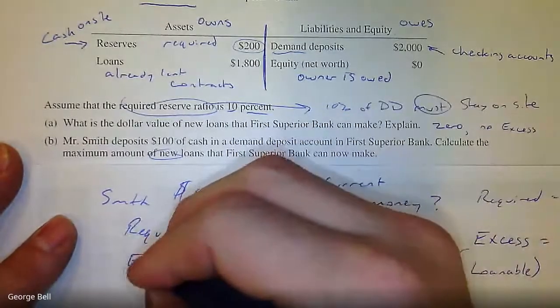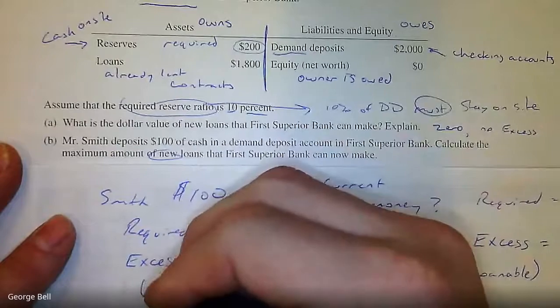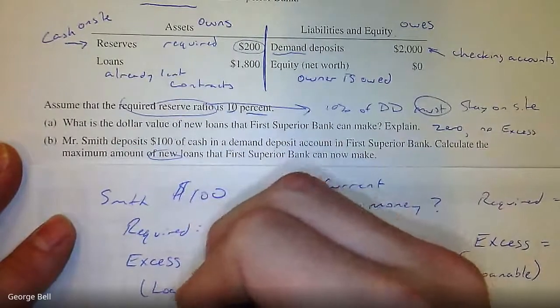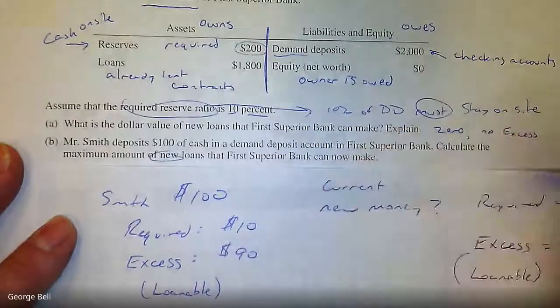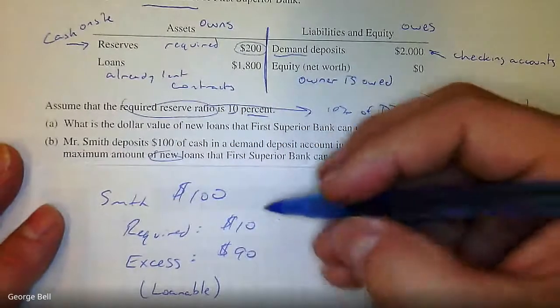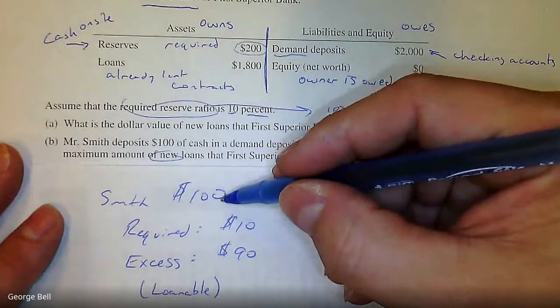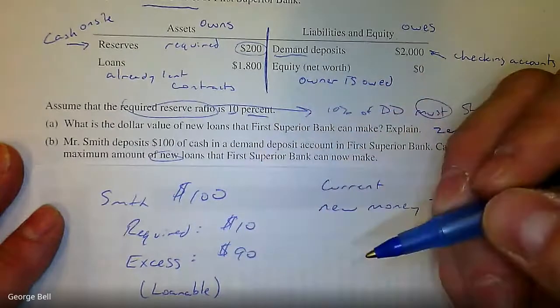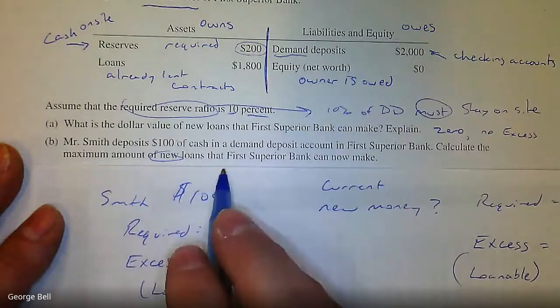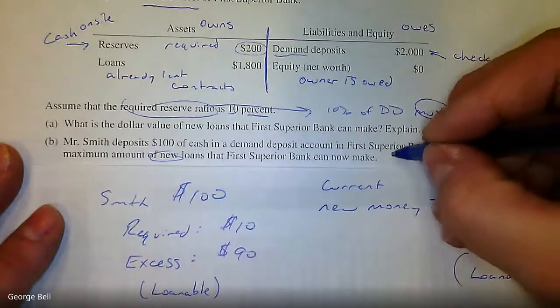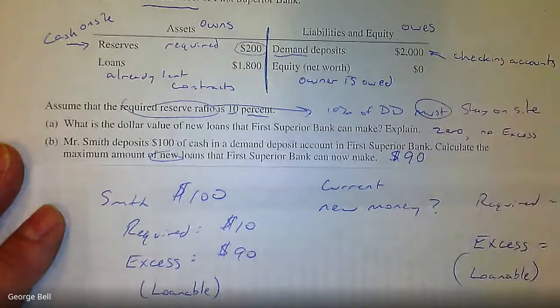That means then that the excess, which is the remainder or loanable amount out of the new money, is $90. It's $90 because 100 minus 10 is 90. That is what we call the excess reserves. So letter B says, calculate the maximum amount of new loans that this bank can make. The answer is $90.